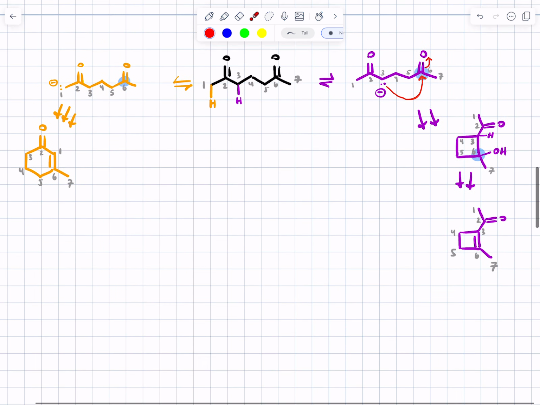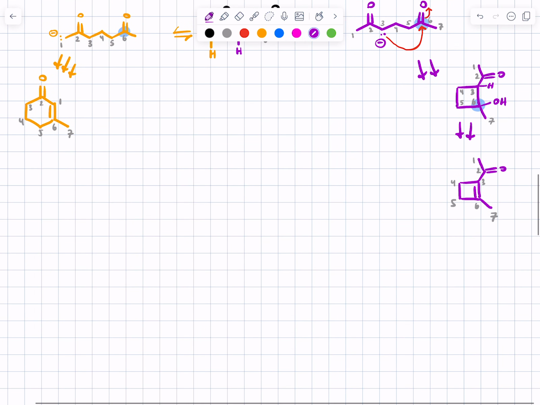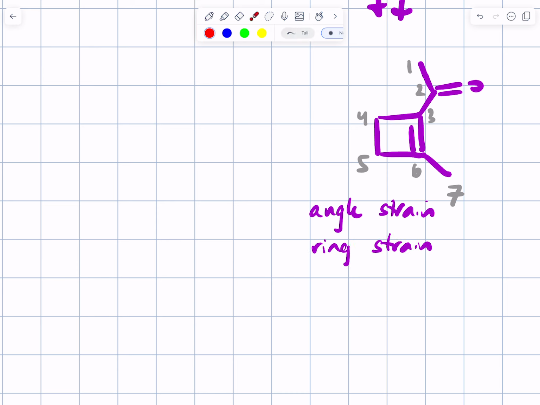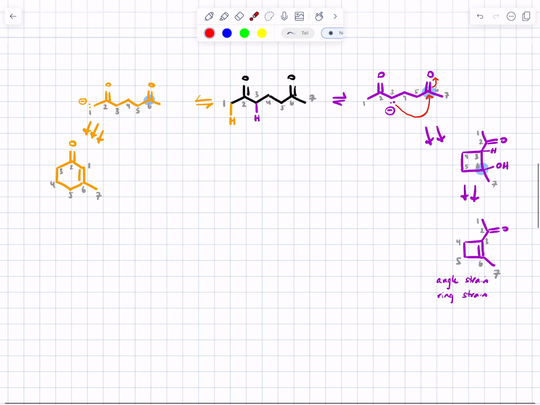Steric hindrance is maybe not the right word that I wanted to say. I wanted to say angle strain or ring strain. You've got a double bond in a 4-member ring. Those bond angles want to be 120 degrees, but they can't be. They're forced to be 90 degrees. That's quite a bit of ring strain.